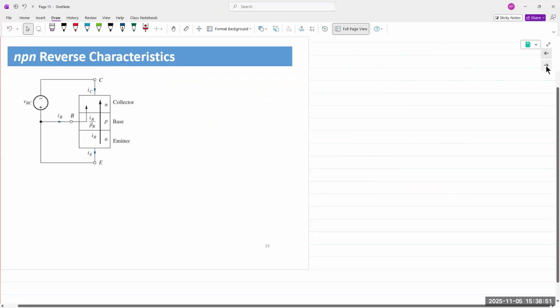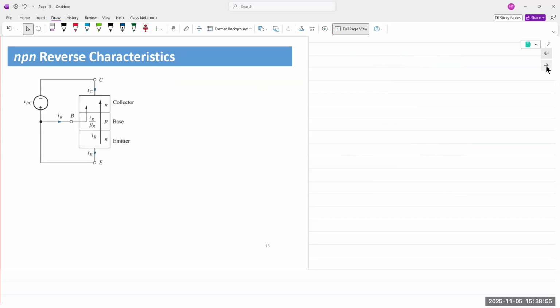Reverse characteristics. Now we simply look at reverse bias of the collector base junction, where VBE is now 0 because we're not applying any voltage, and we find the reverse current. The total current in the device would be the forward and the reverse together. So for this reverse current, VBE is equal to 0 volts.